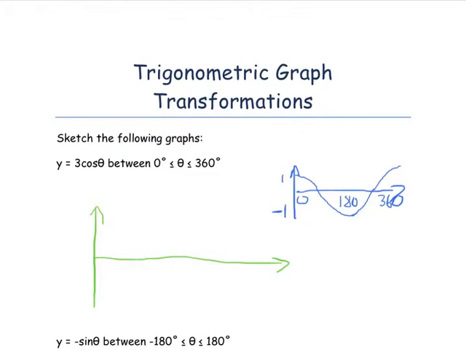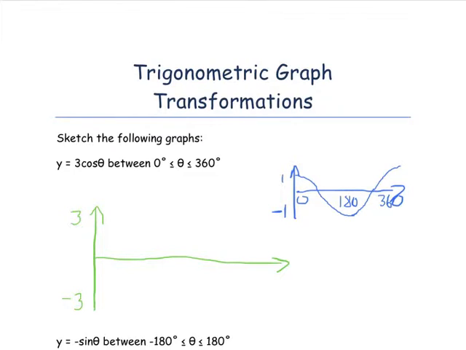Well, what we're doing here in our sketch is we're asked to do 3 cos theta. So we're taking our cos theta graph and multiplying each value by 3. So cos 0 is 1 and 1 times 3 is 3, so our new maximum is going to be 3. Likewise, cos of 180 was -1, so 3 lots of that is -3.